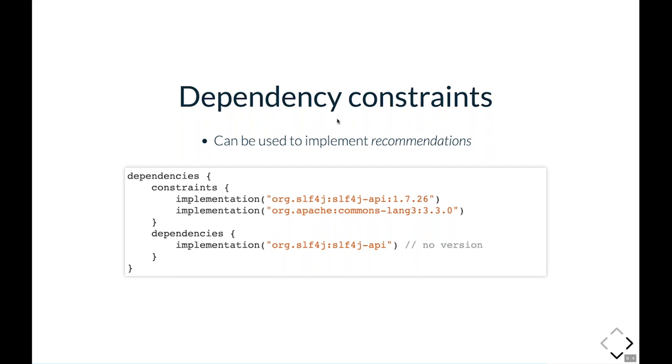Like for example, in a multi-project, you could have an all project that creates the constraints for all the sub-projects. And in specific sub-projects, you decide which dependency you really want, but when you do that, you do it without a version. And that gives you, it's one way, for example, of centralizing the version. We will see more ways later on.